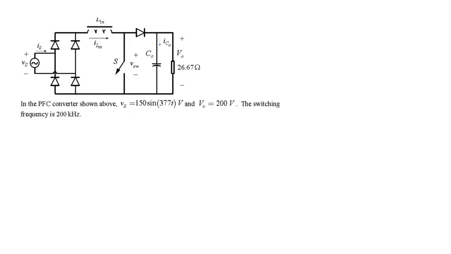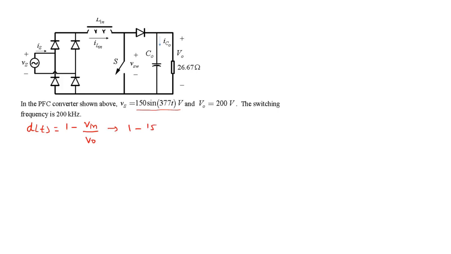So this is a boost converter. For any boost converter, even for a DC-DC converter, D of T is 1 minus the input voltage divided by the output voltage. In this case, the input voltage is a sinusoidal quantity, and we need the absolute value of that because it's still a DC to DC converter.